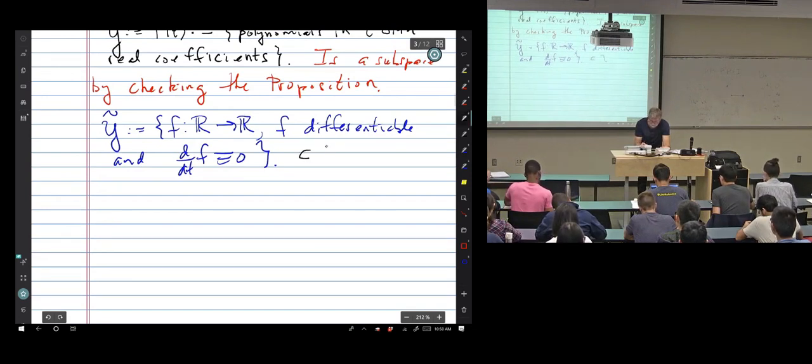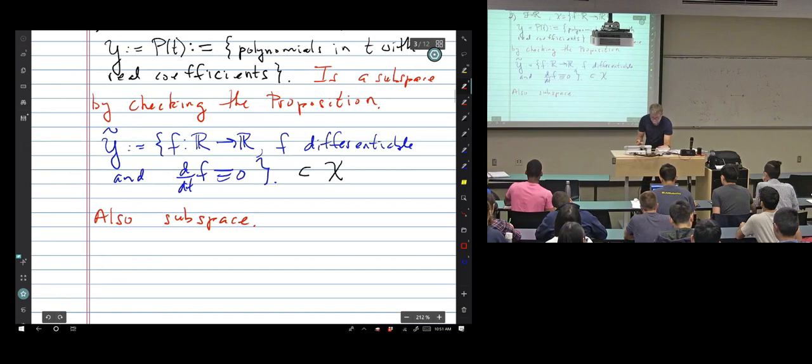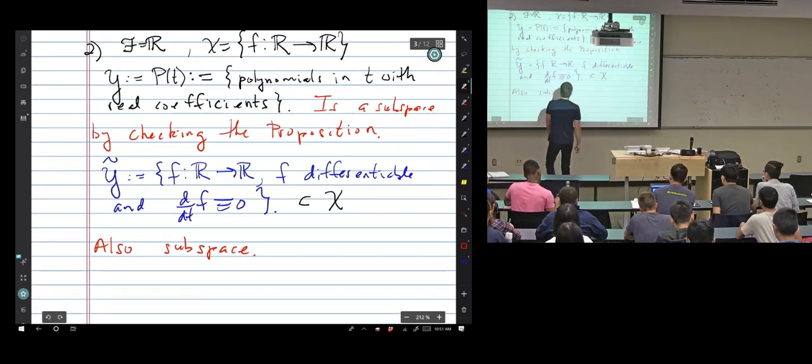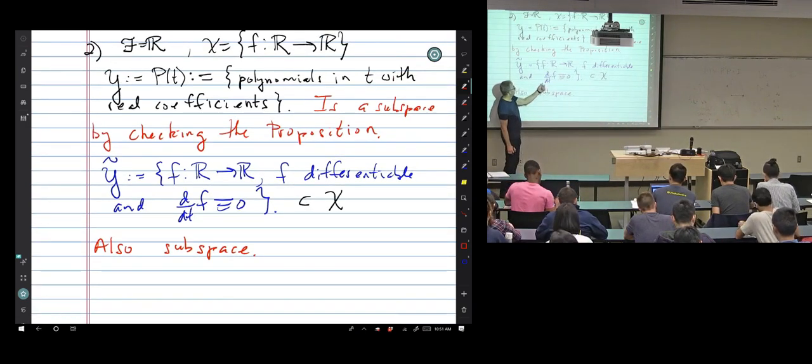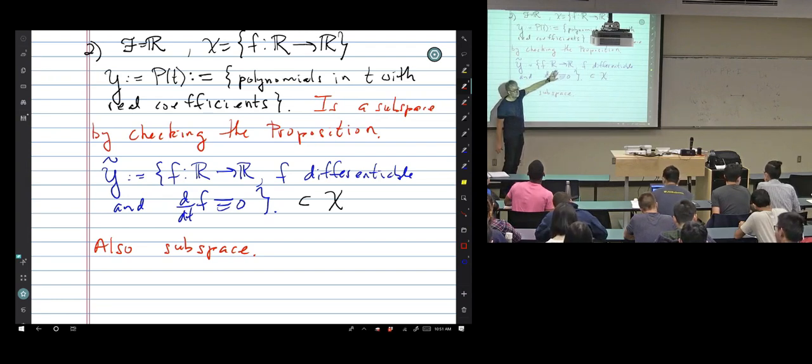So this is a subset of X. So that's also a subspace. Because if F has a zero derivative and G has a zero derivative, their sum has a zero derivative.